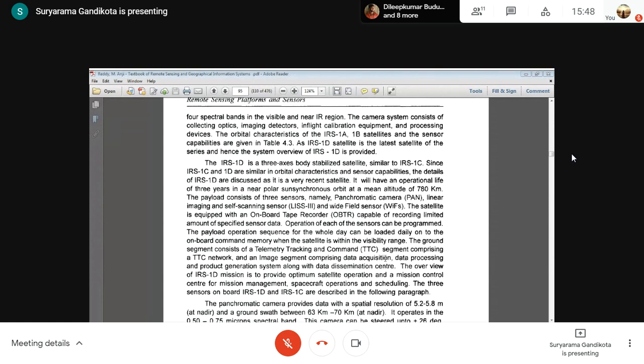Orbital characteristics of the IRS-1A, 1B satellites and the sensor capabilities are given in the figure.